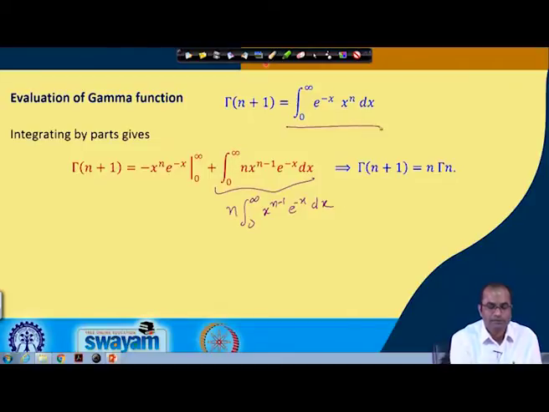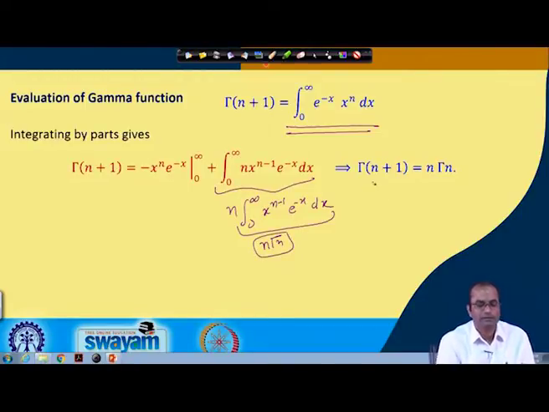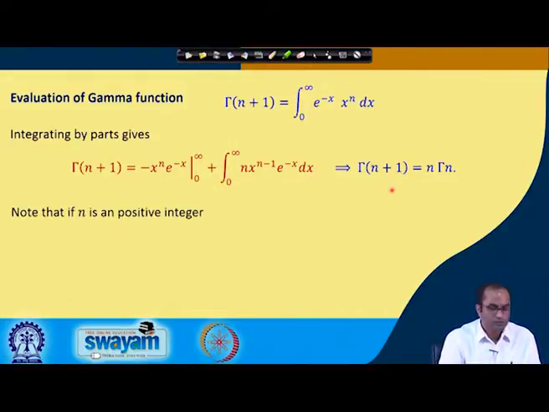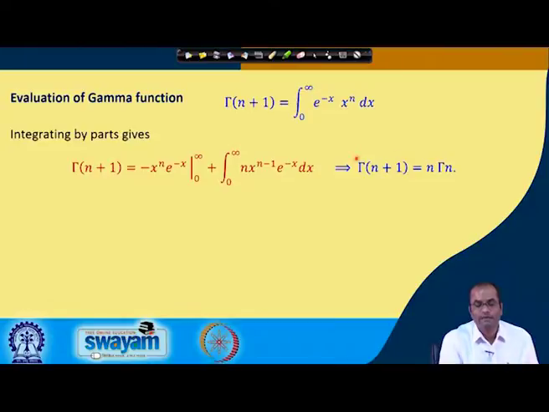And as per the definition of the gamma function, just n is replaced by n minus 1, so this integral is nothing but gamma n. So, we got this relation that gamma n plus 1 is equal to n gamma n, and that is a very useful relation which will be used to evaluate these gamma functions.